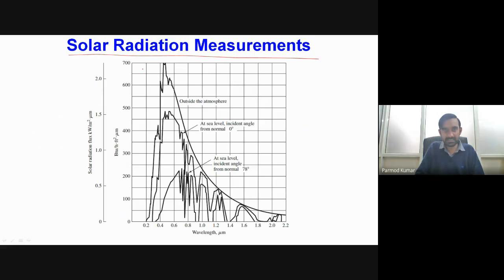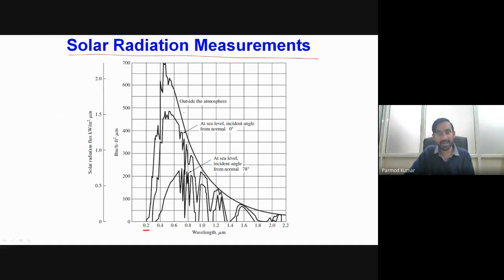So you can see this is the spectrum of solar radiation coming from the sun. The wavelength is changing from 0.2 to 2.2 micrometer. This is a very narrow spectrum of wavelength through which we are receiving radiation from the sun, and normally all these radiations are of very high energy.